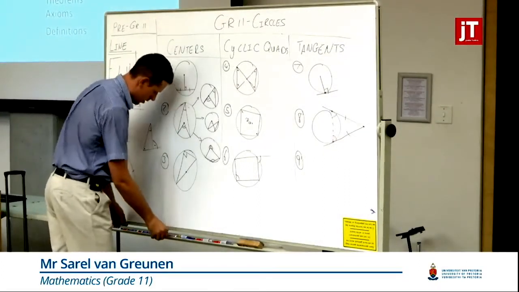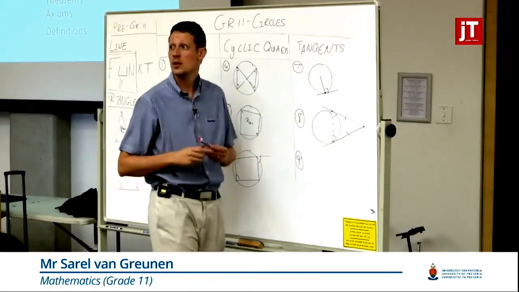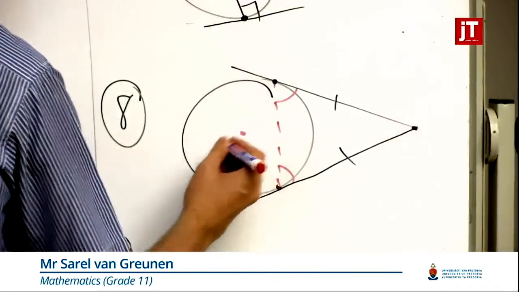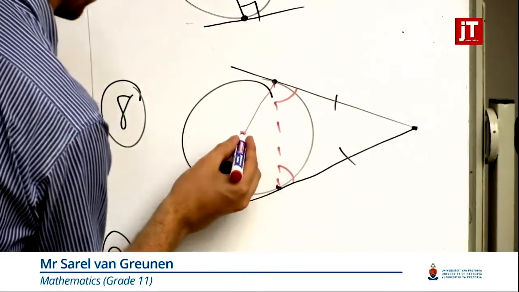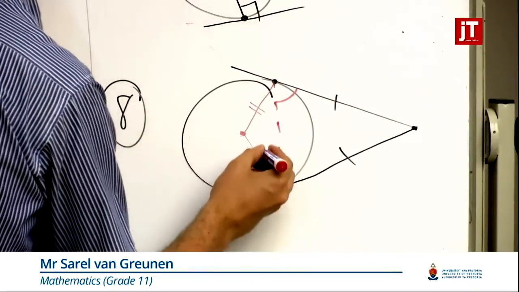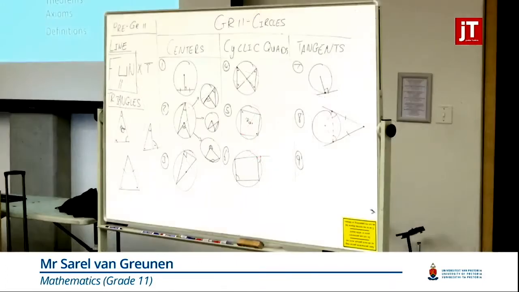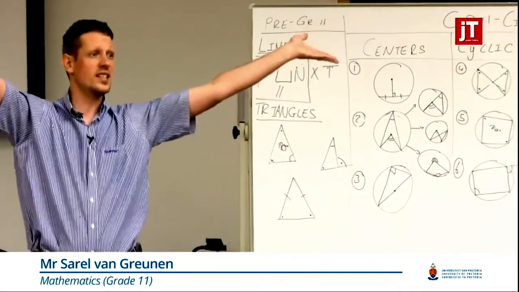Also, for those of you bright sparks that may be seeing something here, what if I connect these 2 points to the midpoint? What do I have? I've got a kite. Okay? But please be careful, you are not allowed to just go, whoa, that thing is a kite.